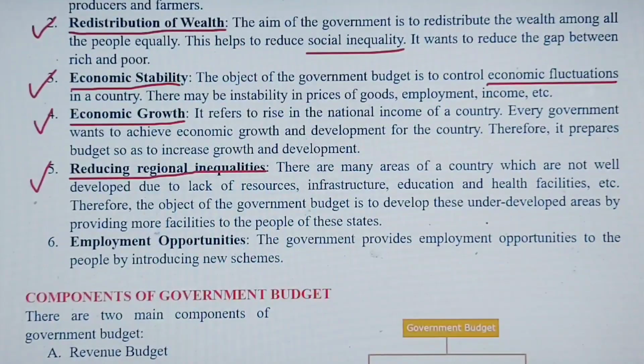So Nagaland is far behind that, and Gujarat is a well developed state. So the government needs to balance the growth. The government also wants Nagaland or Manipur or Mizoram or Odisha to develop equally as Maharashtra or Gujarat or Punjab. So this is to reduce regional inequalities, and sixthly, employment opportunities.